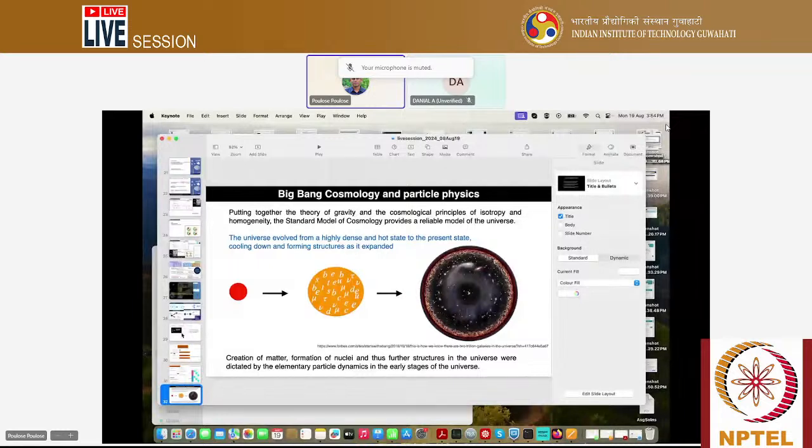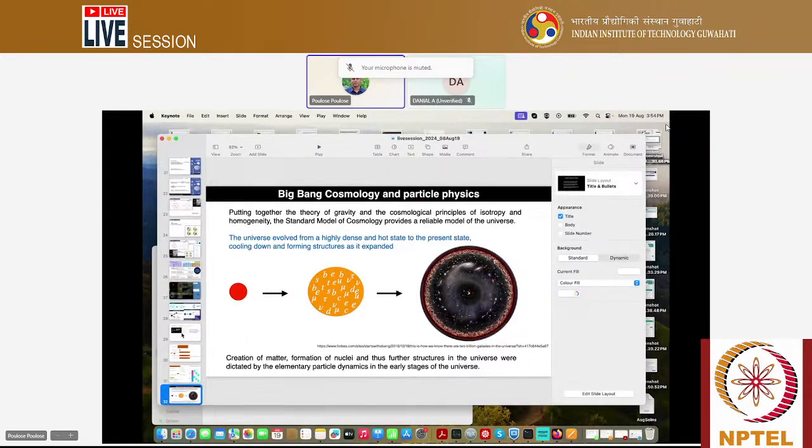But what is more interesting, at least to me, is the role of elementary particles in cosmology in the beginning of the universe itself. How everything is created, we have to understand by saying that in the beginning, maybe there were only small elementary particles. It cannot be imagined that the sun was created in the very beginning and is there even now.